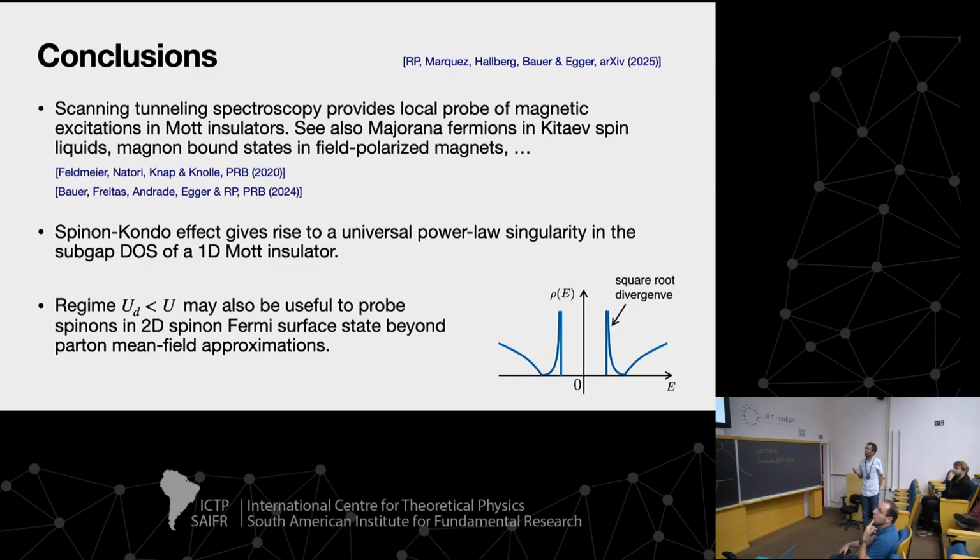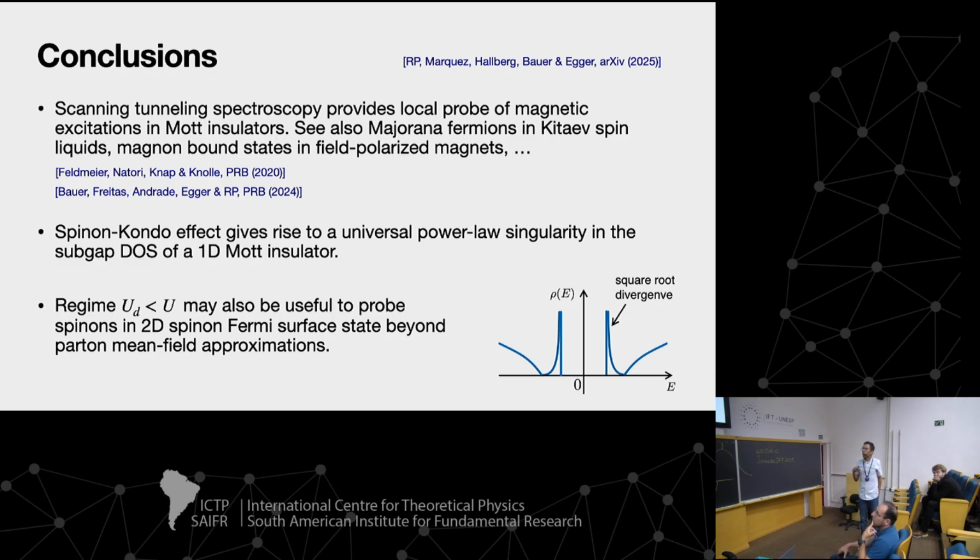Recently, with Eric, we also looked at magnon bound states in the polarized phase of Kitaev-Heisenberg models. And in the specific problem that I told you about, what it shows is that this spinon-Kondo effect happens in one dimension, and the main signature is this power law singularity below the Mott gap, where the exponent is controlled by the Kondo effect.